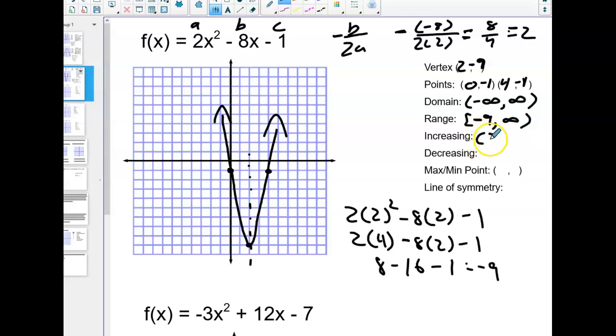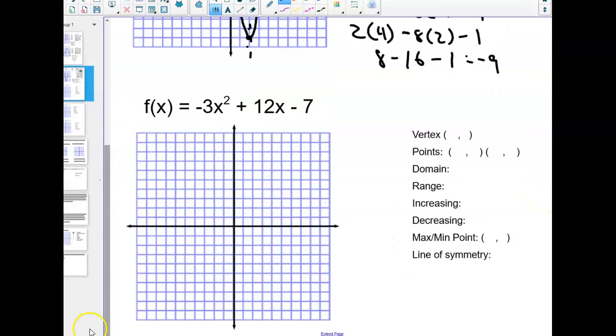So it increases from 2 to infinity, and it decreases from negative infinity to 2. My max min point is going to be my vertex. It's 2, negative 9. We're literally just copying the vertex over. And my line of symmetry is x equals 2. And standard form, negative b over 2a.